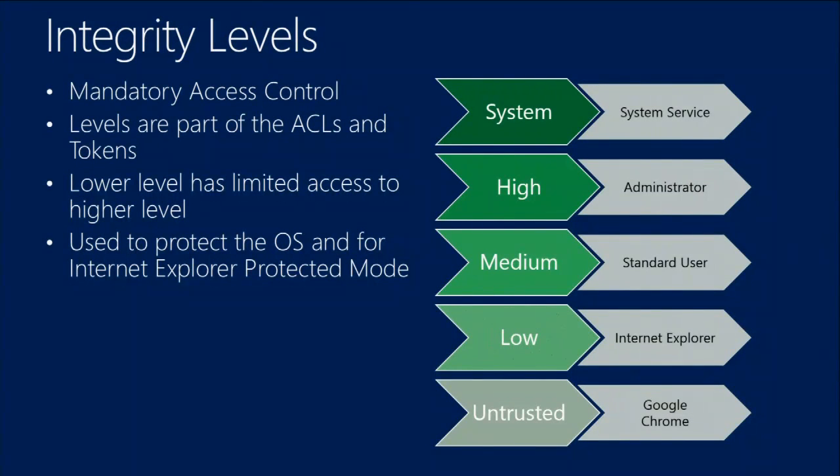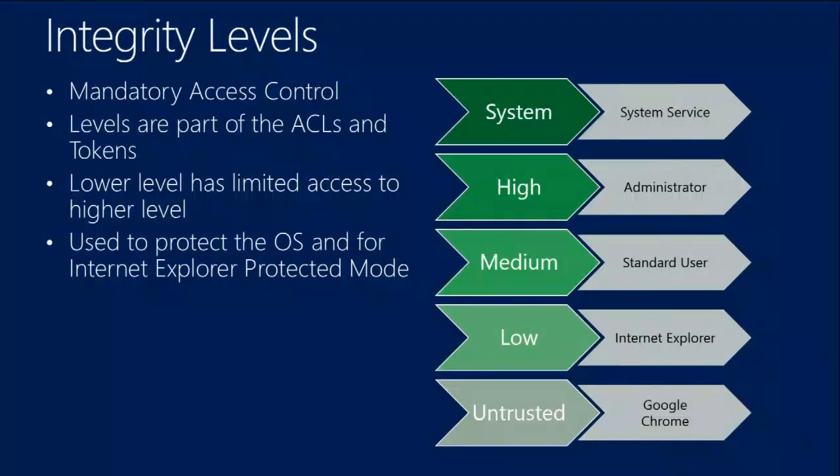They can communicate freely with the same integrity level processes, and they can communicate freely with lower integrity level processes. But a lower integrity level process cannot communicate to higher integrity level processes, and it cannot make changes to higher integrity level objects. So what happens?